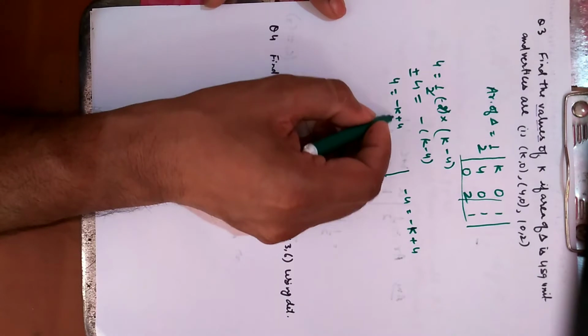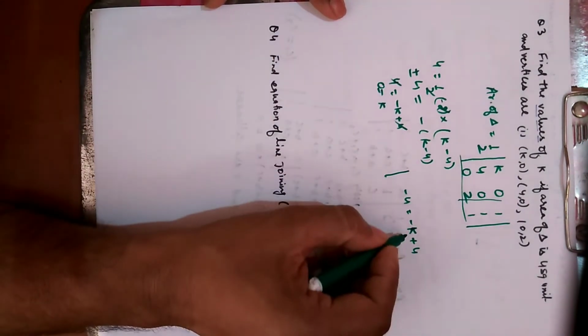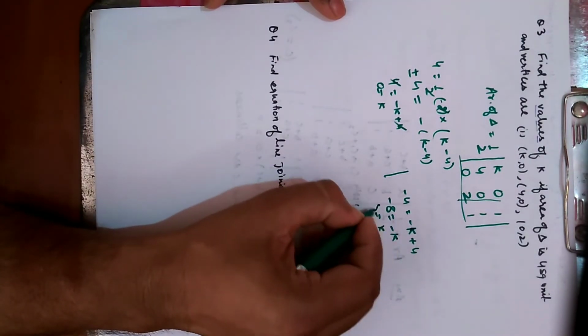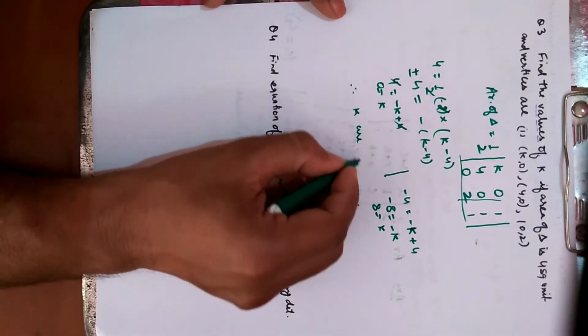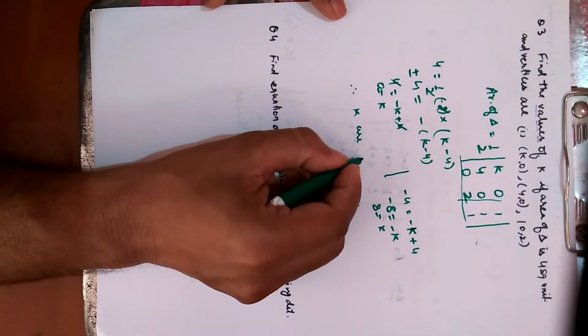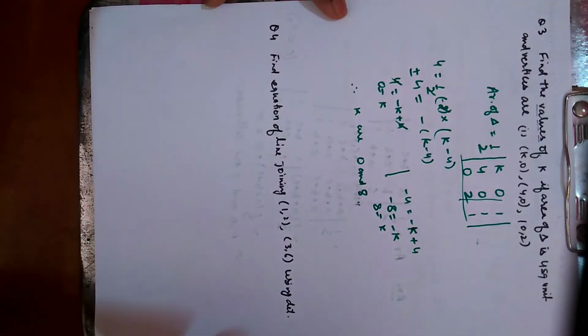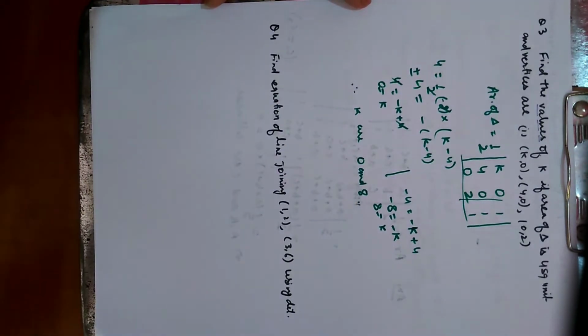So you solve this, k will be 0 from this side, and this will be minus 8 equal to minus k, so k is 8. Therefore the values of k are 0 and 8. So this way you have to go always in these types of questions.